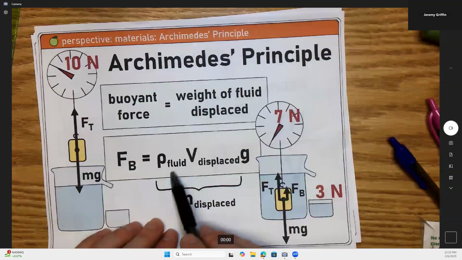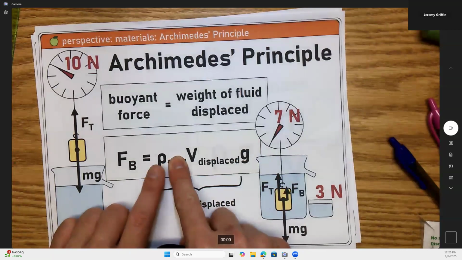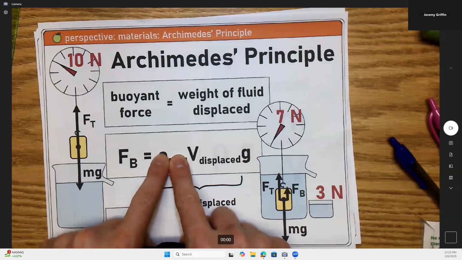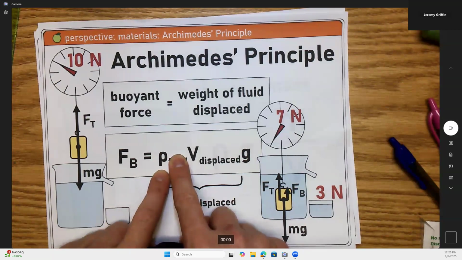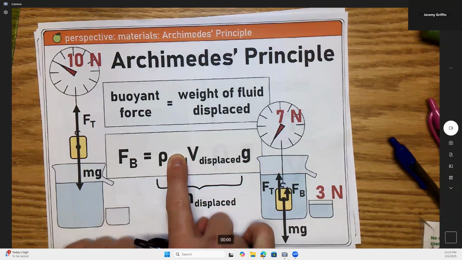Look at this row right here. See if you guys follow this. This row represents what property? Density. Just this row right here. This is the density of what? The density of the object or the density of the fluid? Fluid. And what's the density of water equal to? 1,000 kilograms per cubic meter.